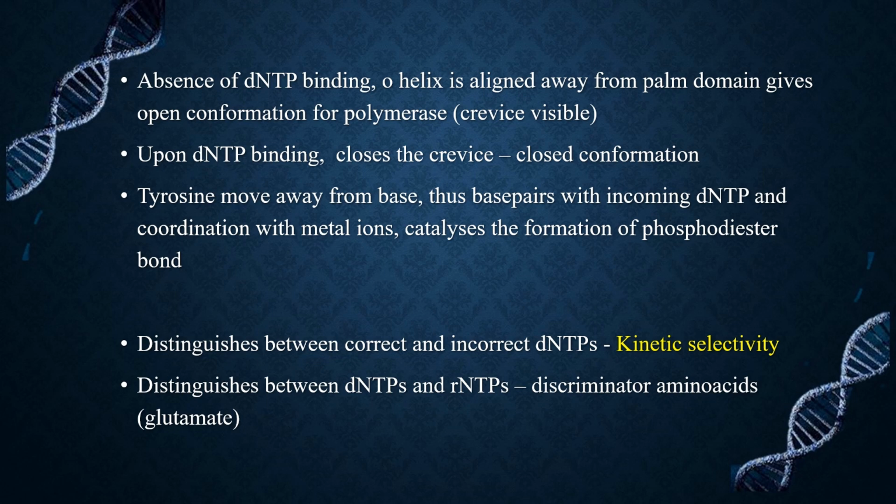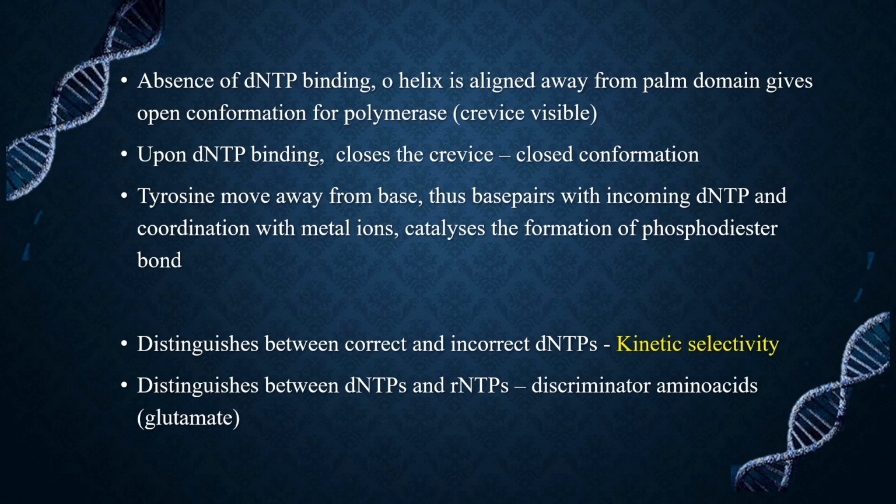This is the reaction. So, DNA polymerase can distinguish between correct and incorrect dNTP. This is by means of kinetic selectivity. Incorrect dNTPs do not base pair with the template, so they are misaligned in the active site.